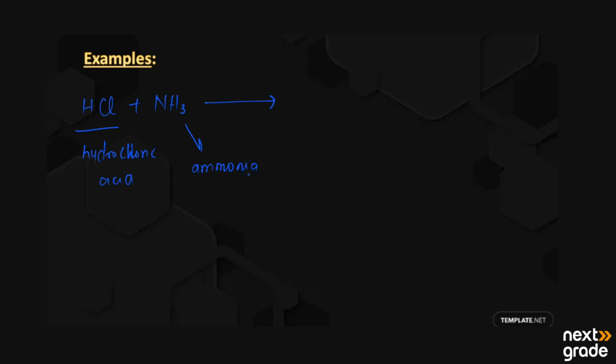After the reaction, two types of ions are produced, NH4 positive and Cl negative. We have seen that HCl has donated its proton to ammonia. So according to the Bronsted-Lowry concept, HCl can be categorized as an acid.